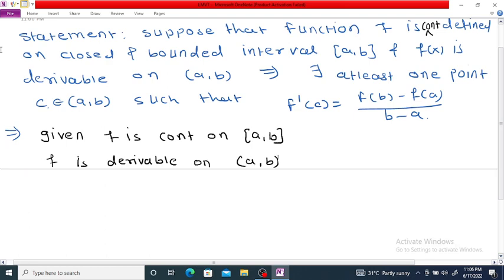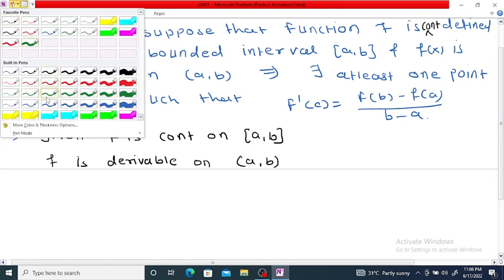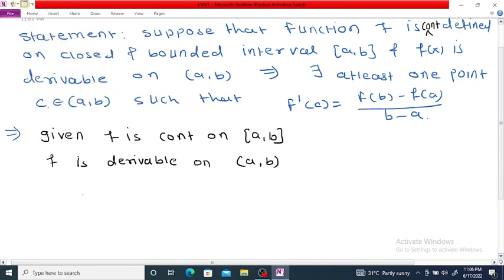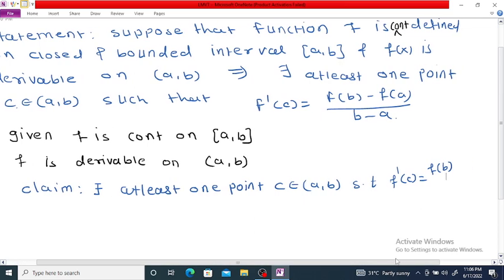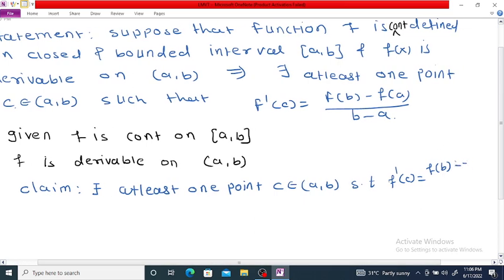Then our claim, what we want to prove, is that there exists at least one point c in (a, b) such that f dash c is equal to f of b minus f of a divided by b minus a.